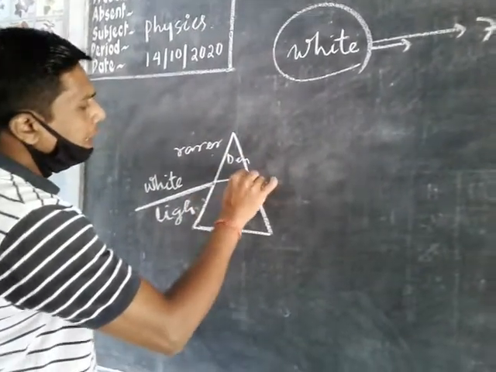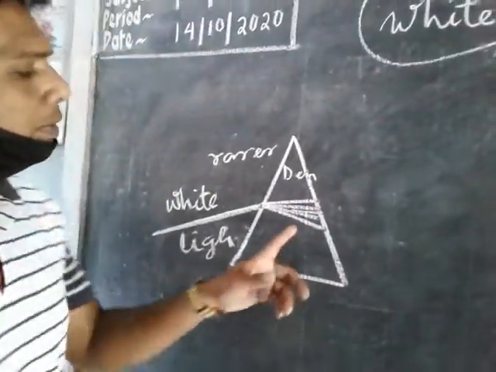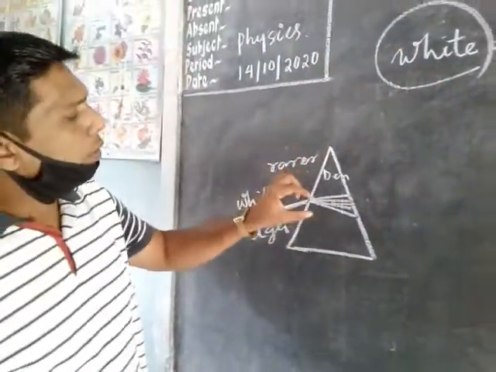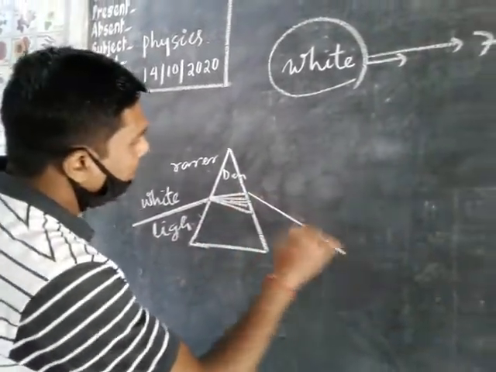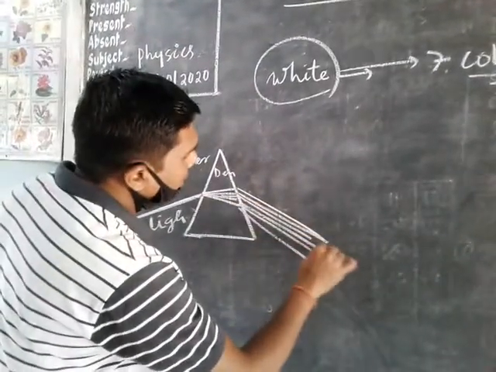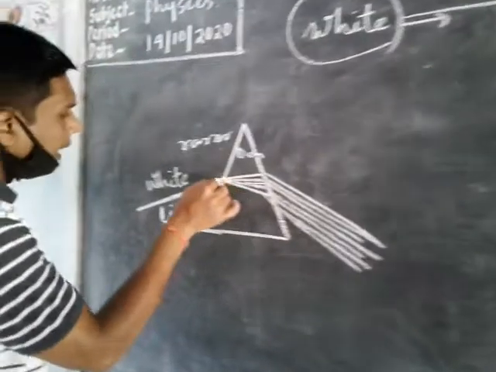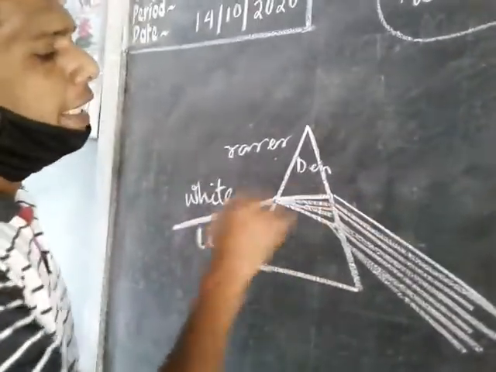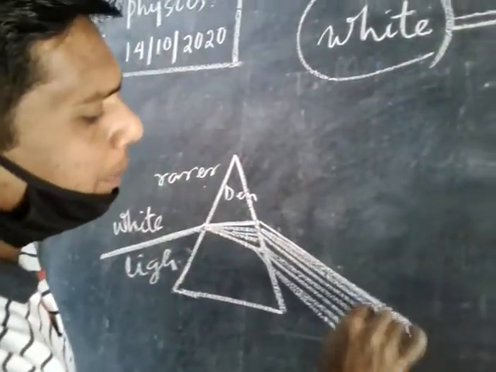So in this case, the speed and refraction of the 7 colors of light become different. That means the bending of light is different for different colors. Clear this one? So in this case, this white light gets split. After splitting, it gives 7 different colors.